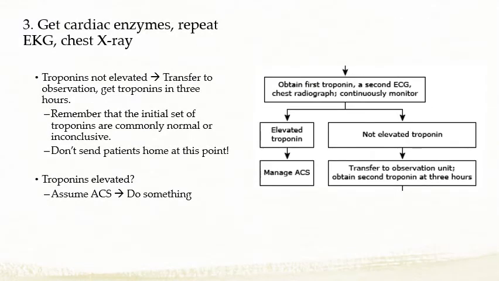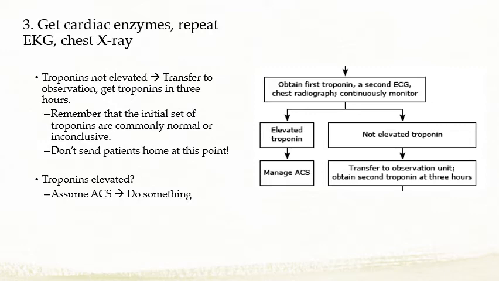As we continue on, here's where this algorithm is useful, okay? If you get the troponins and they're not elevated, then you transfer the patient to observation and you get the second round of troponins in 3 hours, right? So that's where we work with the issue of patients that have normal troponins, but it could just be because we're seeing them early and their troponins haven't changed yet, okay?